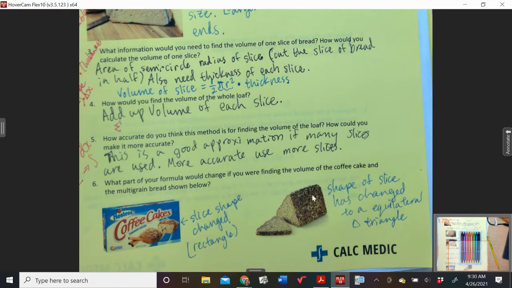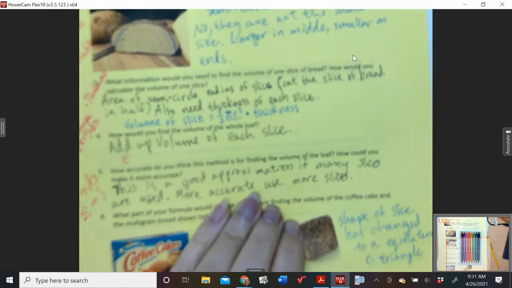Please keep in mind that in this one, where everything is exactly the same and the height isn't changing on the ends, this would just be a triangular prism. But if it was taller in the middle than on the ends, we would need to use calculus for that.